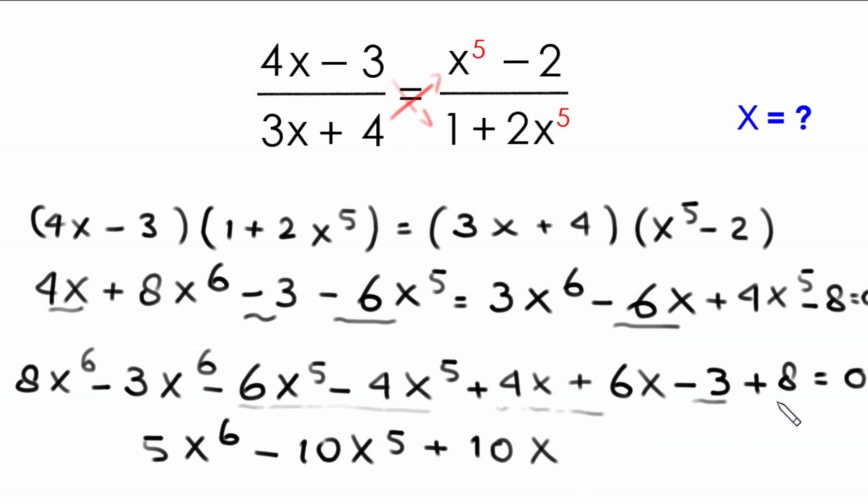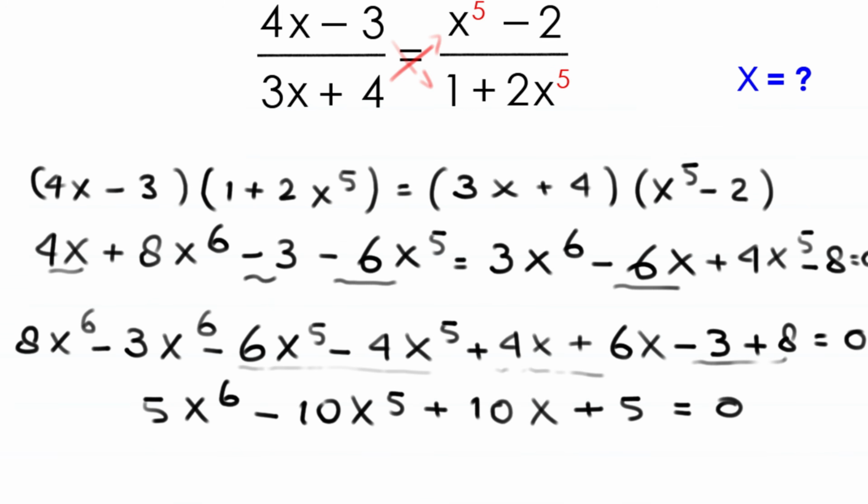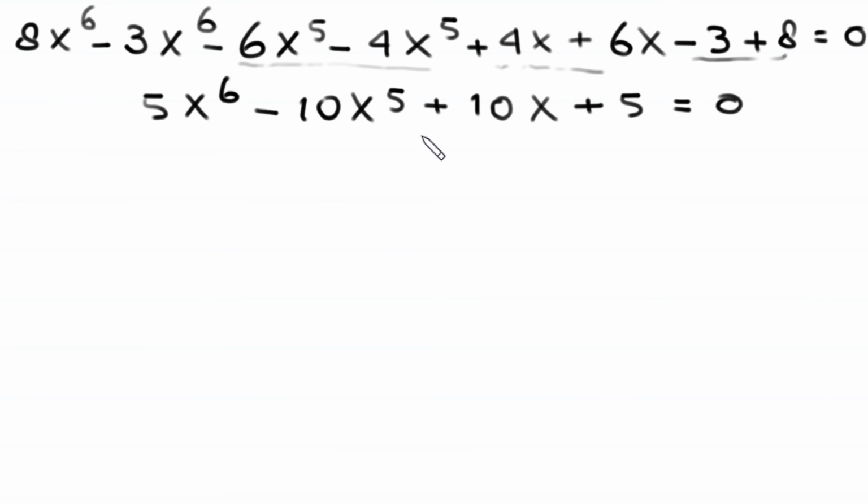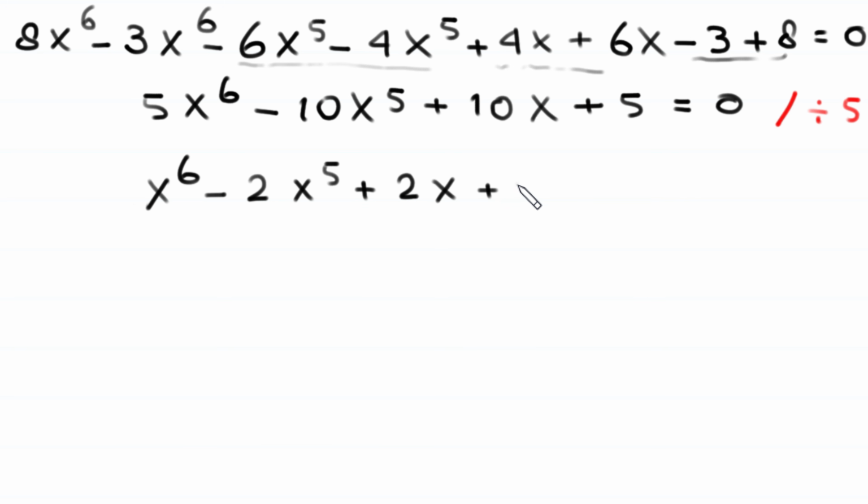This negative 3 plus 8 will become plus 5 equal to 0. Now we divide this whole equation by 5. So this will become x^6 minus 2x^5 plus 2x plus 1 equal to 0.